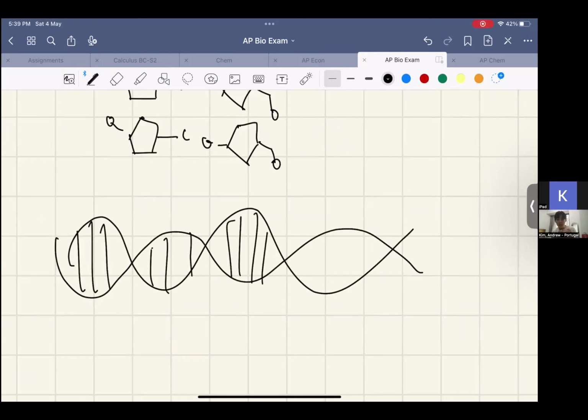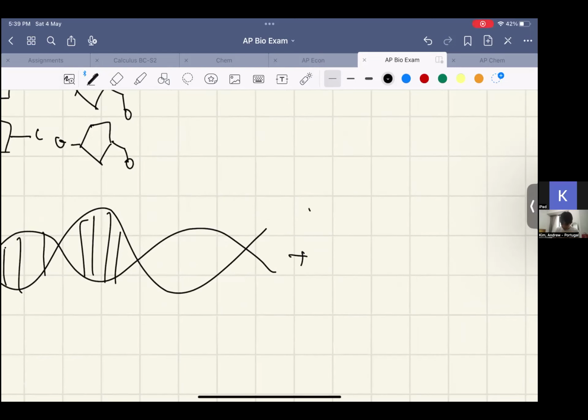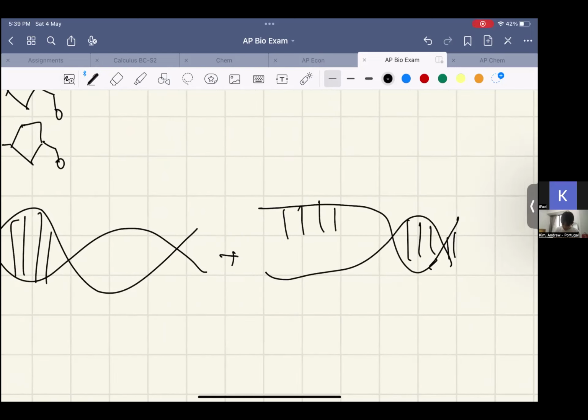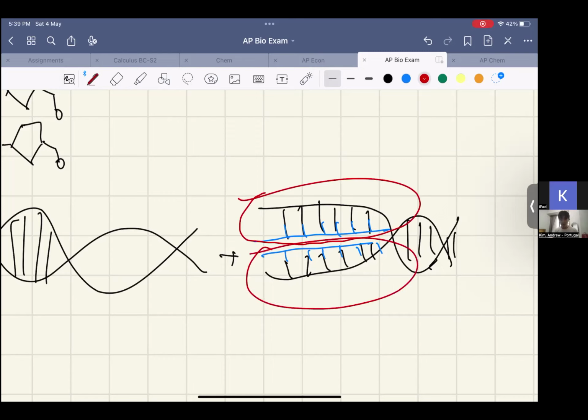Now, in order to replicate this DNA into 2, we're going to split this DNA like this, and then we're going to add 2 parts like this. Then the end product will be 1 DNA here and another DNA here. 2 DNAs. DNA has replicated, right? This is what we're trying to do here, okay?